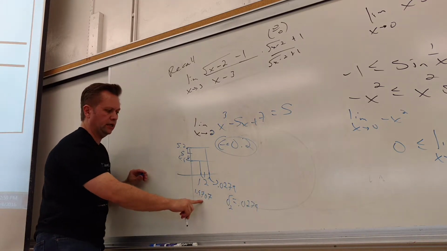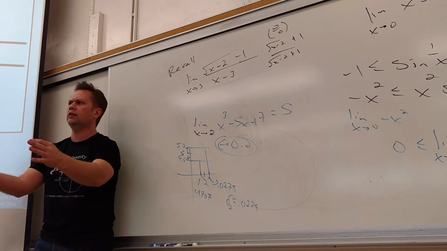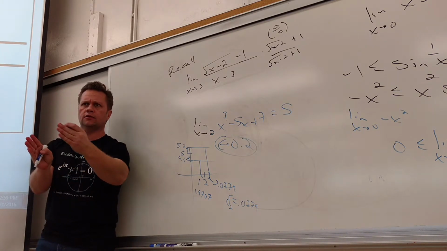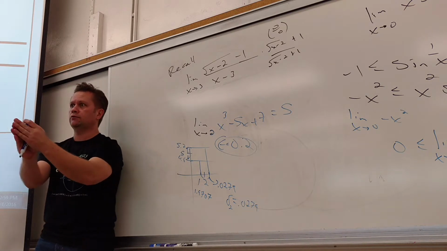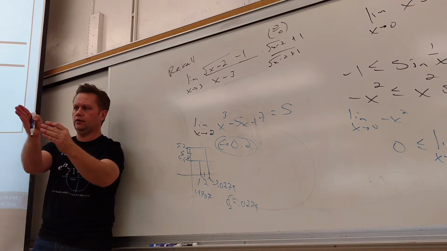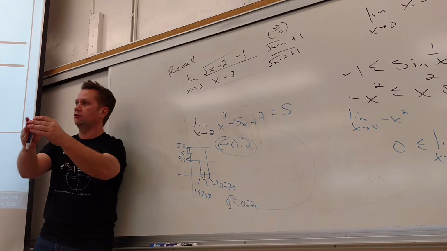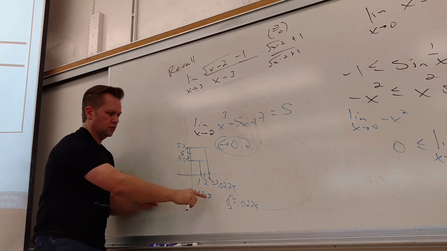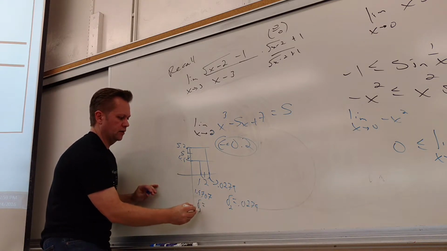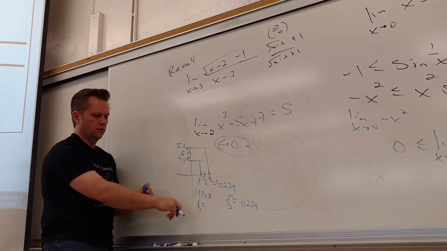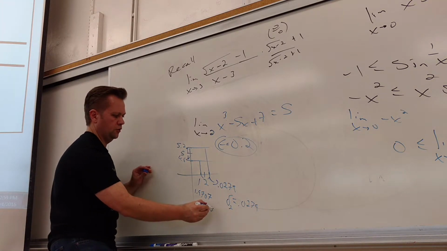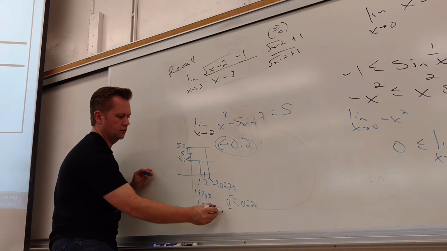What's the delta candidate here? Is everybody cool with that? Where did I get that from? That's how far away. That's what delta is, right? It's the distance away from the x value, the limit value, right? So what's the delta candidate from this guy? 2 minus this is what? 0.0293.